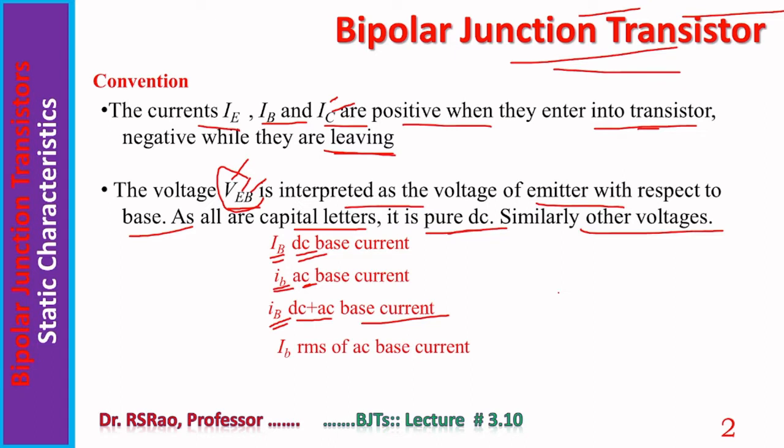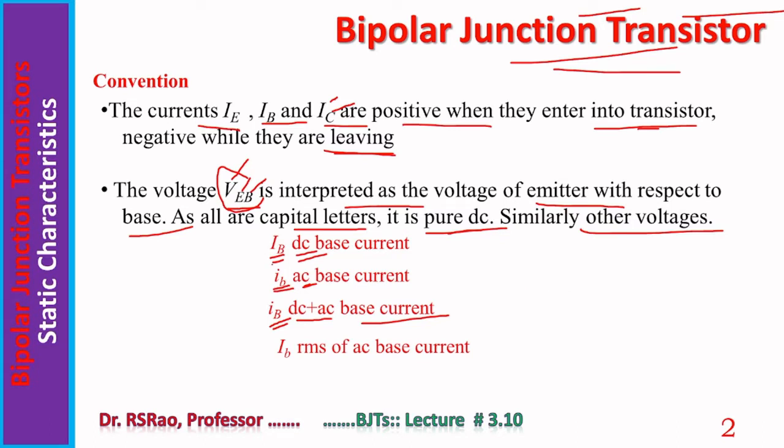A certain DC current is a result of bias voltage. A certain AC component is a result of signal source connection, and these two together exist at any point. So total current is the sum of DC plus AC.